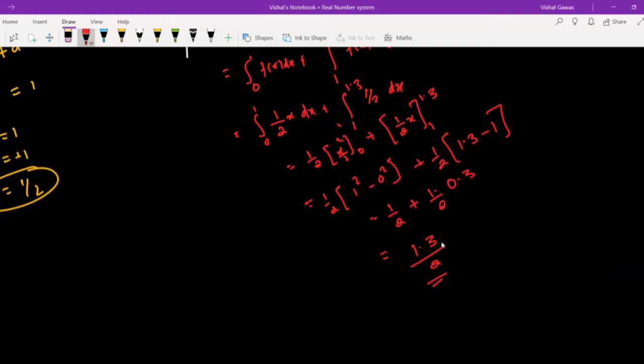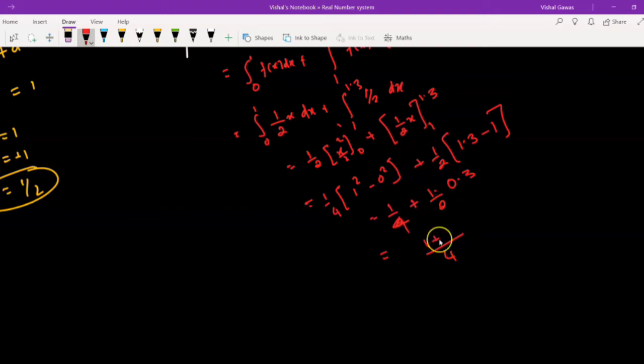That's the answer. I hope that's clear. I just realized that this is 2 into 2, this is 4, so I'll have to multiply this by 2. I'm sorry about that. This calculation is the thing which I'm bad at. So multiply 2 here, so LCM is 4, right?